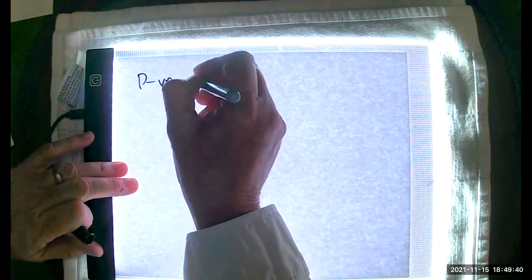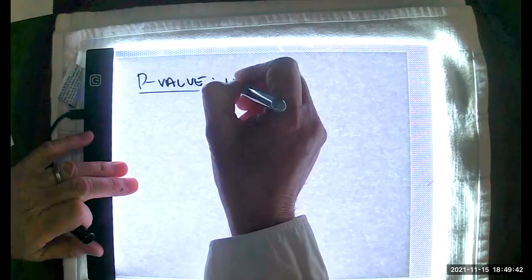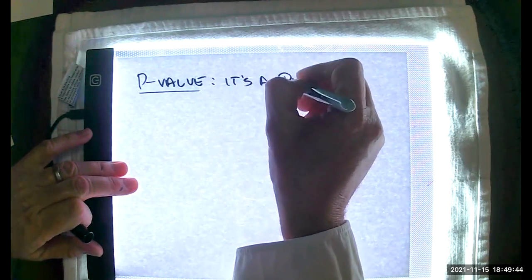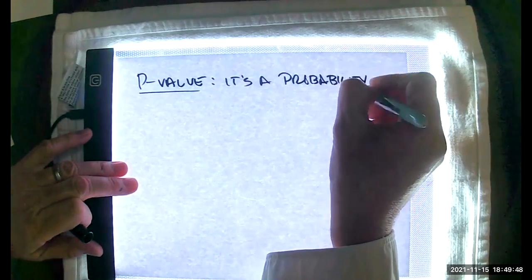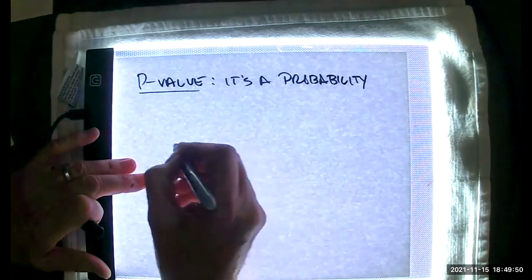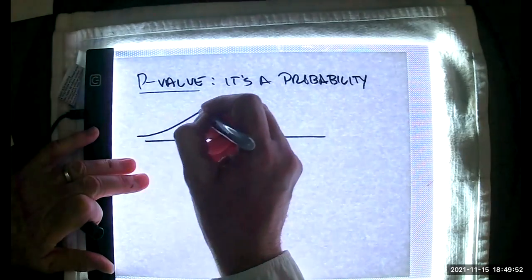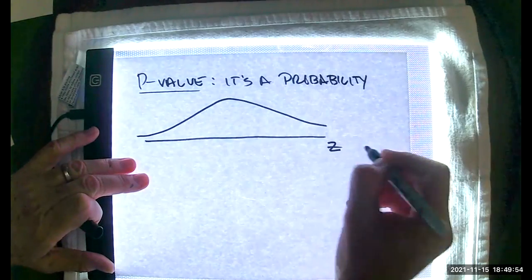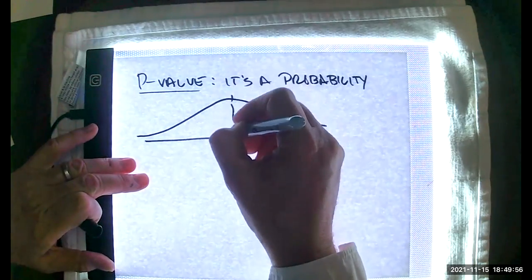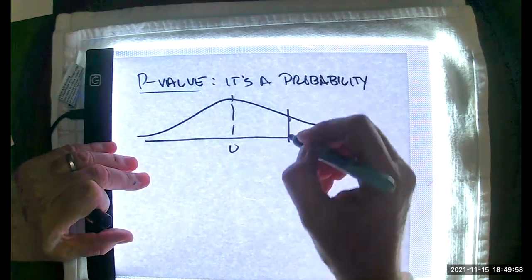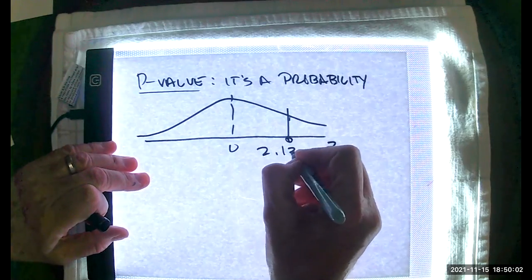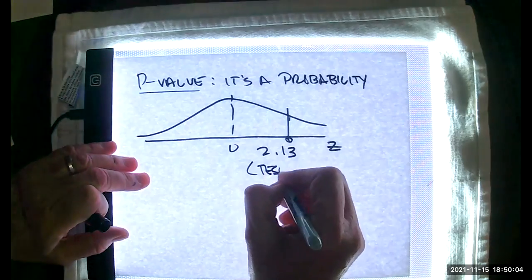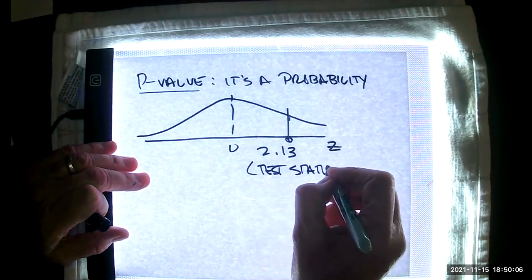So the way to answer this question and to find the p-value is to remember a couple of things. For the p-value, it's a probability. So I draw my distribution, the z distribution for proportions. I plug in my test statistic, that's the 2.13.